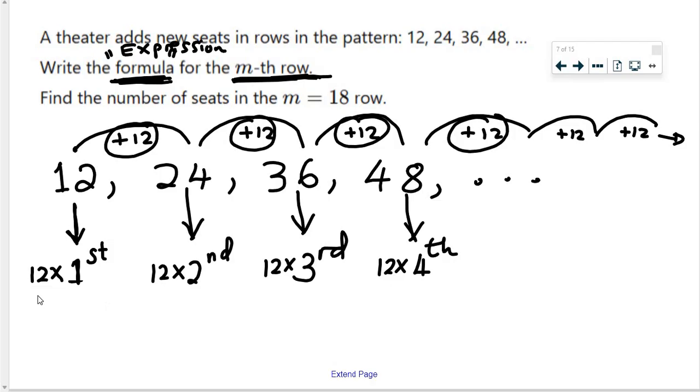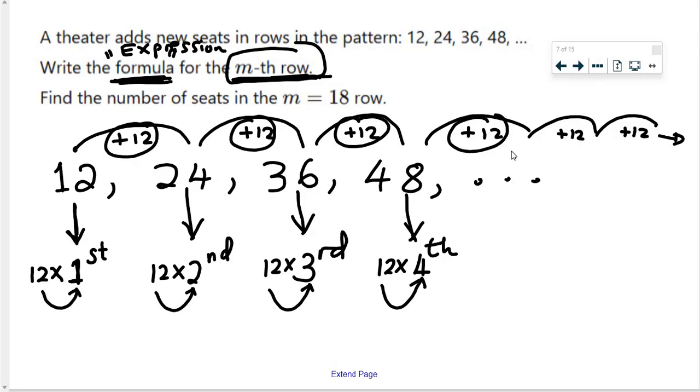Now, look, to get the first number, 12 into 1. Second number, 12 into 2. Third number, 12 into 3. Fourth number, 12 into 4.